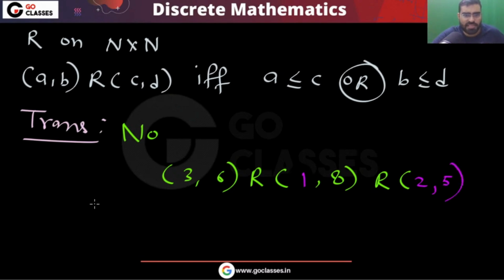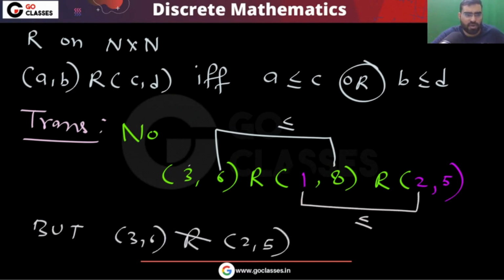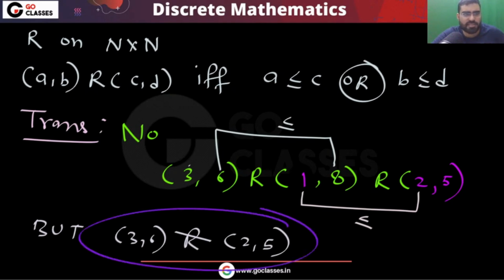So you can very easily create a counter example. Here 6 is less than or equal to 8, so these are related. And here 1 is less than or equal to 2, so these are related. But you can easily see that (3, 6) is not related to (2, 5).